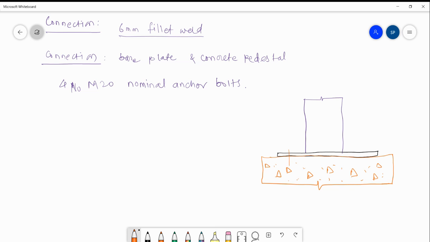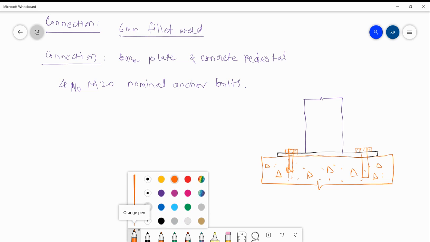And there are anchor bolts provided for connection between. So these are anchor bolts.